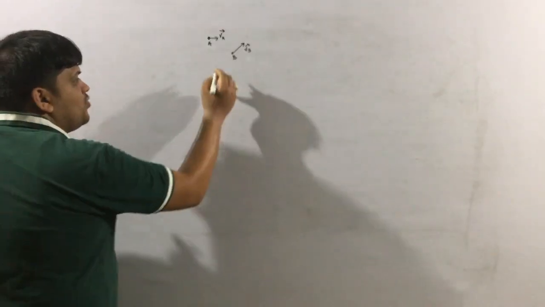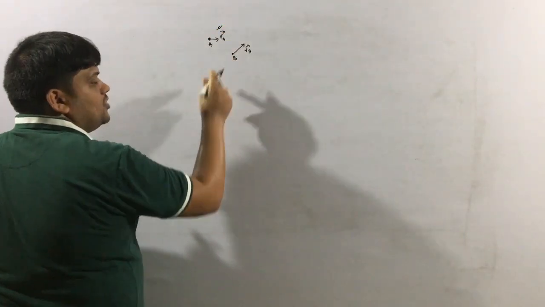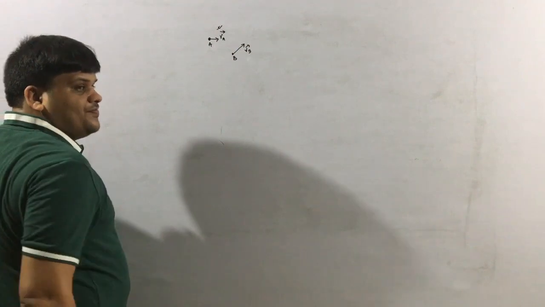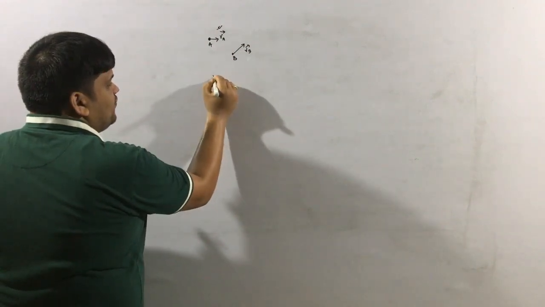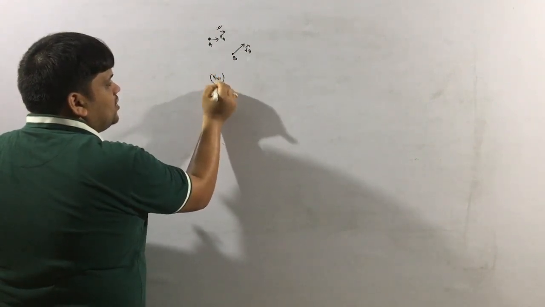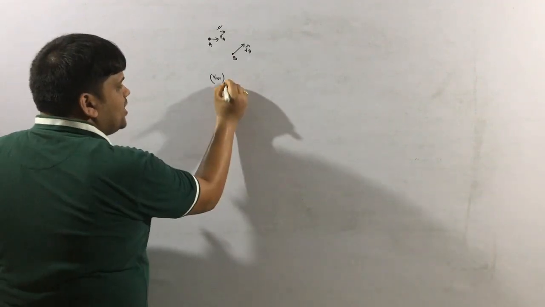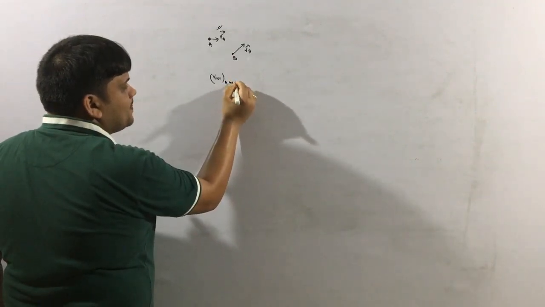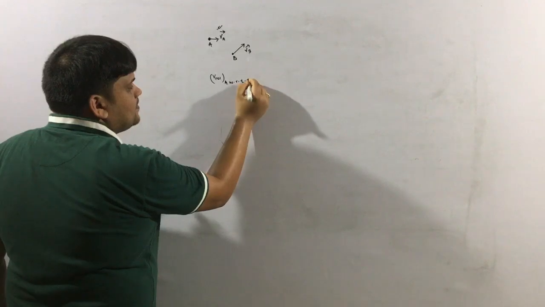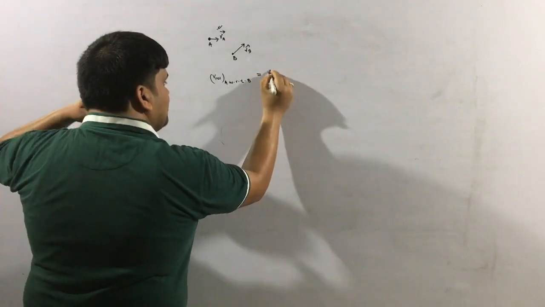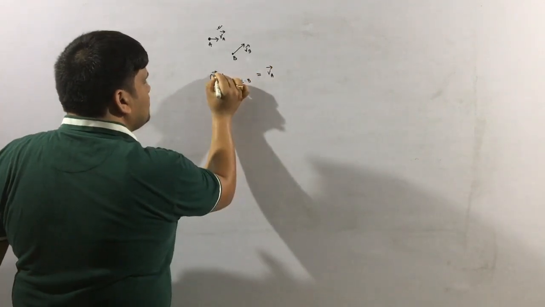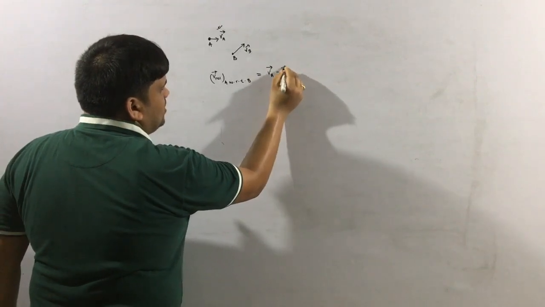Now if I want to write the relative velocity of A with respect to B, then I can write it as vA vector minus vB vector.